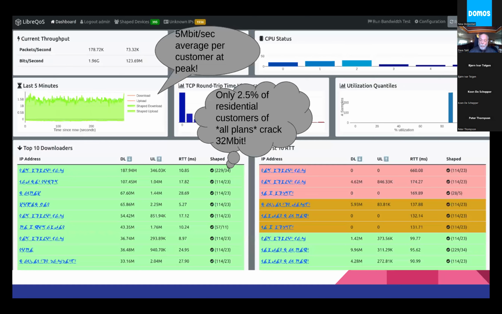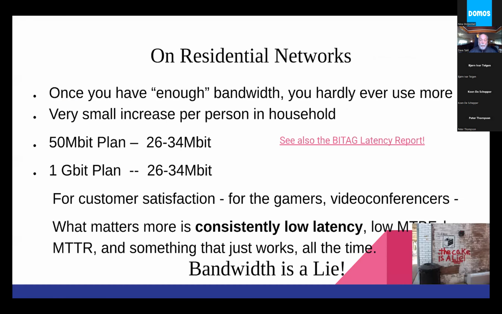Really remarkable number. It turns out on residential networks, once you have enough bandwidth, you hardly ever use more. There doesn't even seem to be a correlation with the number of people in a household. 50 megabit plans are pushing 26 to 34 megabits, and a gigabit plan about the same.